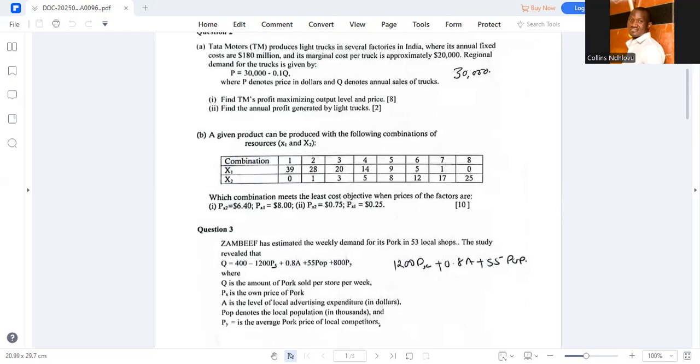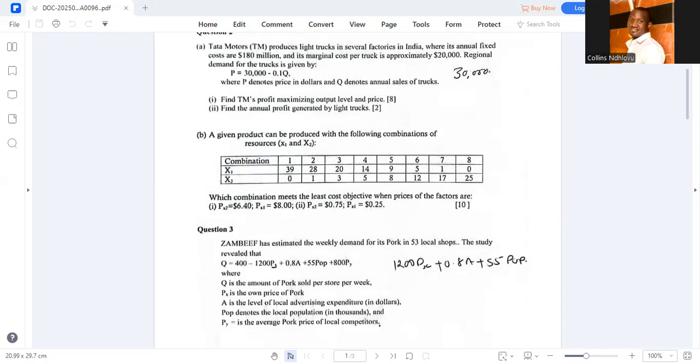So here our total cost was what? Our total cost, 1.6. This one was 6.4 x1 plus 8 x2, where the total cost here gave us what? For the 6.4.